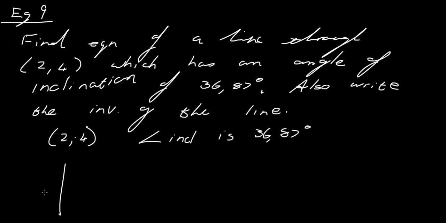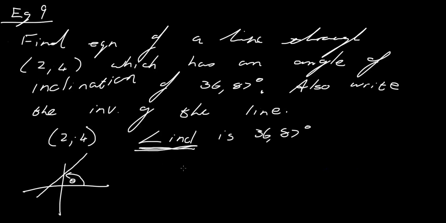Now if you look at a straight line, it passes through point (2, 4). So the line looks something like that. The angle of inclination is theta, and it's always measured from the x-axis counterclockwise.